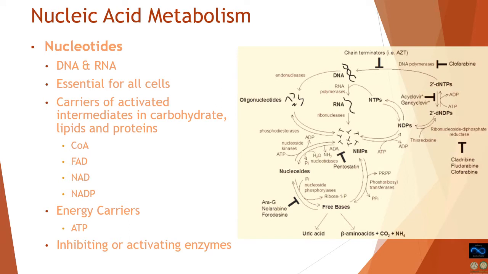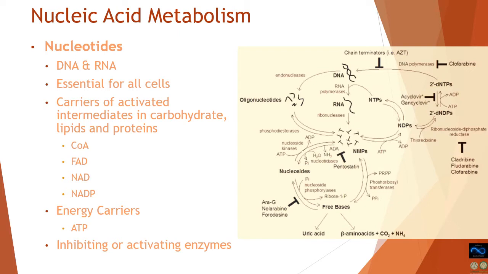Nucleic acid metabolism is important in living structures. Why? Because this helps in the synthesis of nucleotides and their metabolism as well, and it is essential for the existence of the cell, because these nucleotides make up our nucleic acids, that is DNA and RNA, which are necessary for genetic information to be carried in heredity.